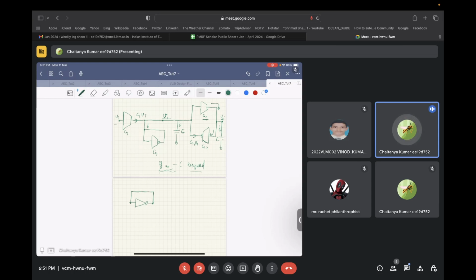In other words, if you somehow make the DC value, the operating point of both the input VI and V out equal to the biasing voltage of a transconductor, that's called the self-bias voltage.